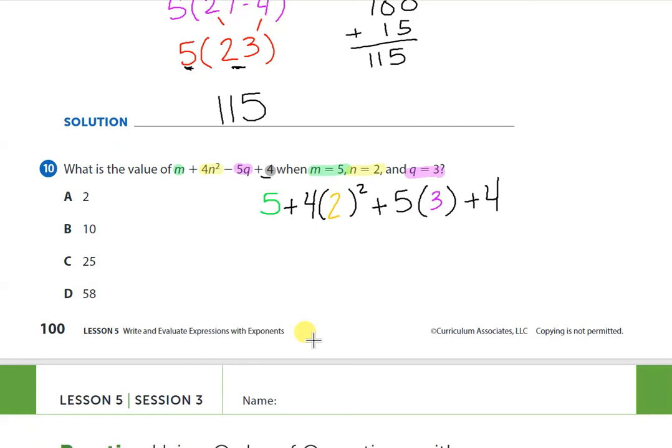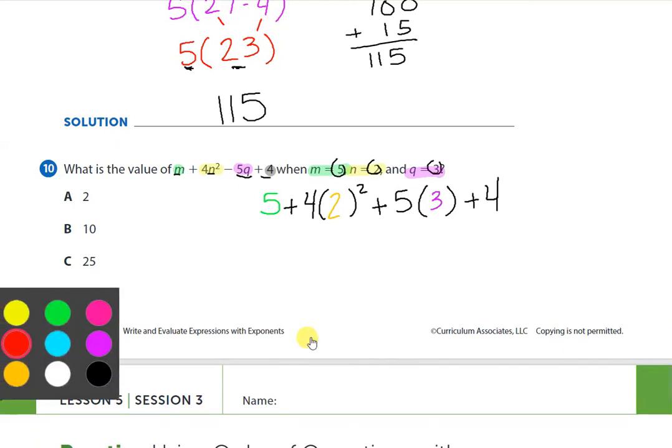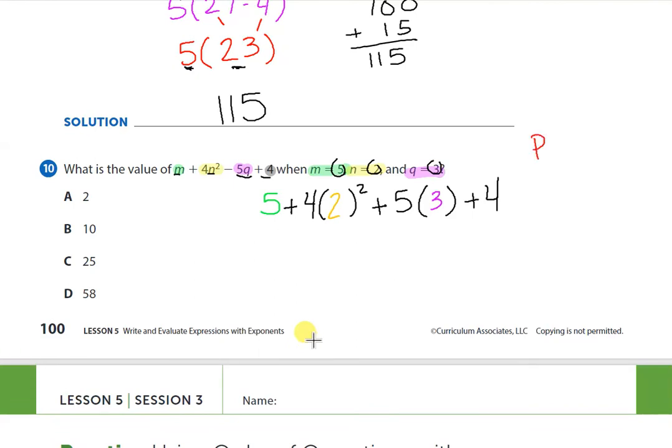Okay, so we've taken these three variables and plugged in the values that they gave us. How nice of them. Now, back to PEMDAS. There are no operations to do inside of these parentheses, so we don't need to do that. We need to do the exponents next, and there's only the one right there.